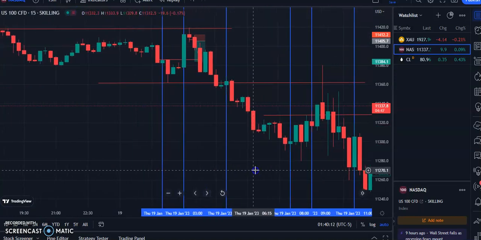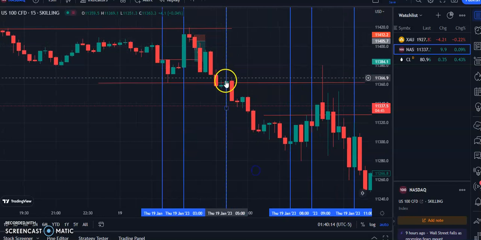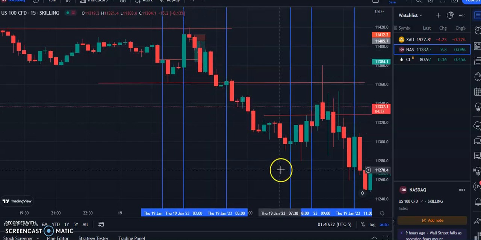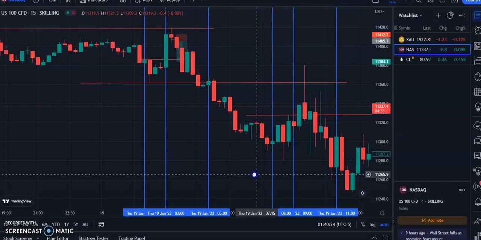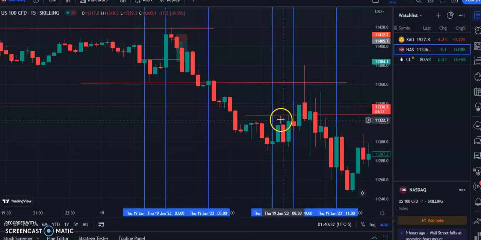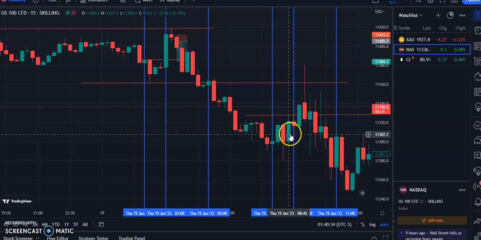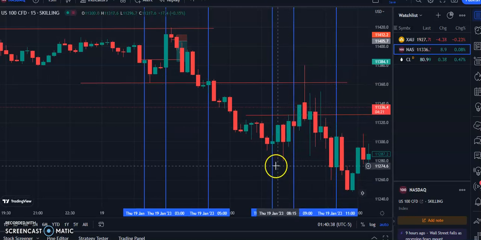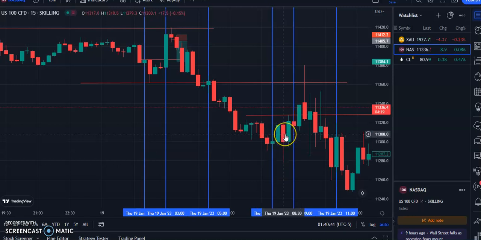Now, we have this, the first hour sets the high and the low of the session, but they break, and then you must understand the market moves in 3 pushes. Now, from the low, we have 1 push, 2 push, 3 push to the high for the continuation down.